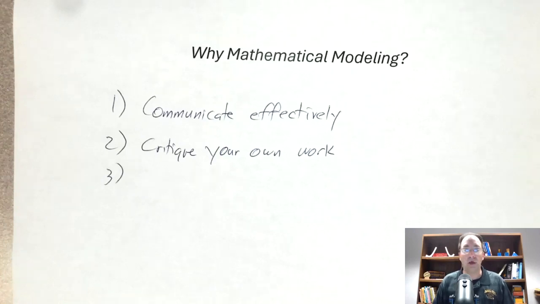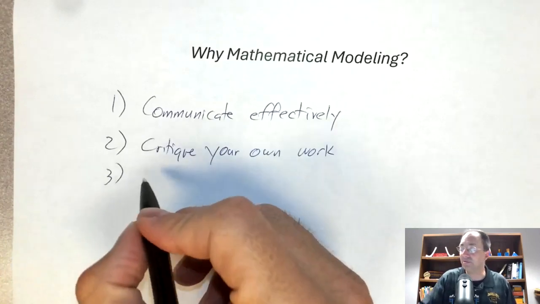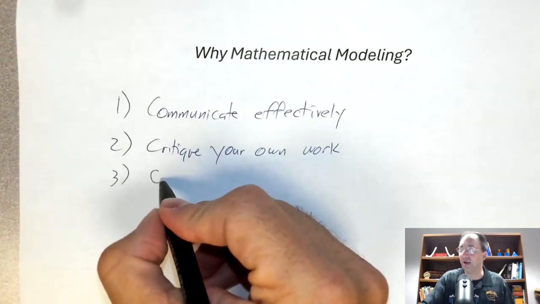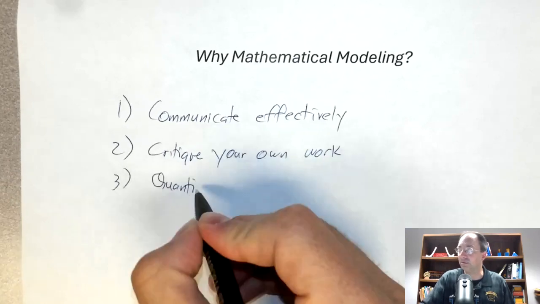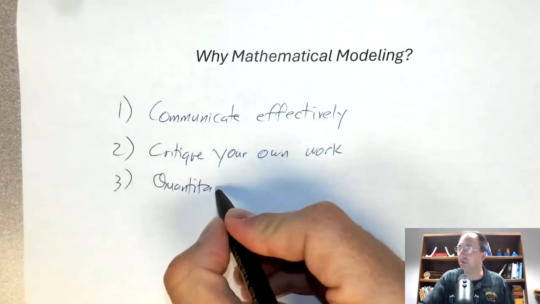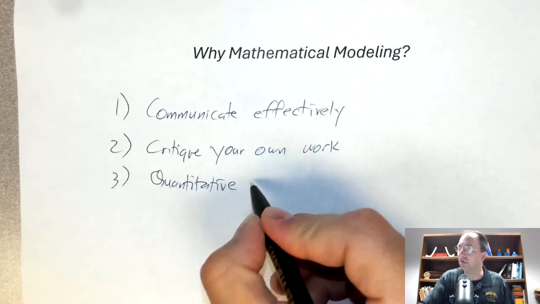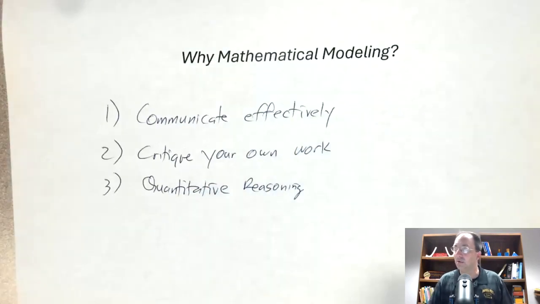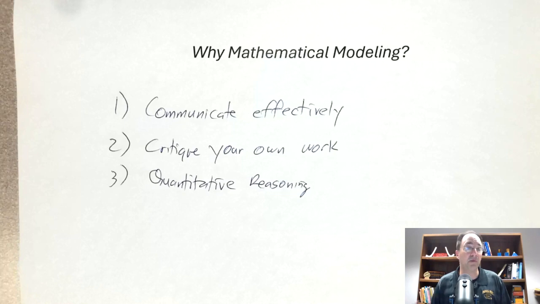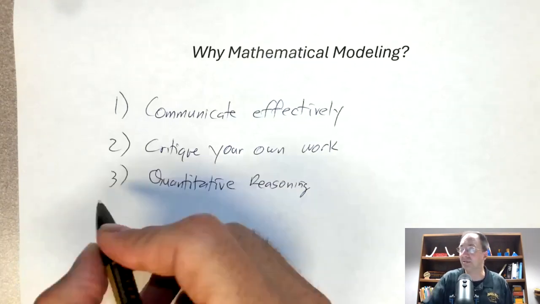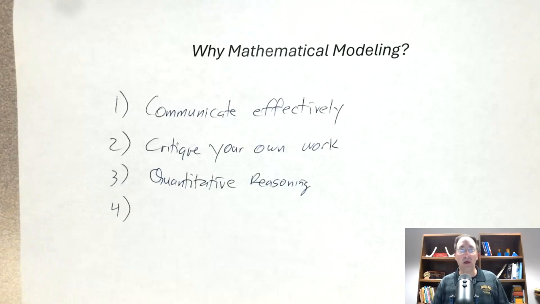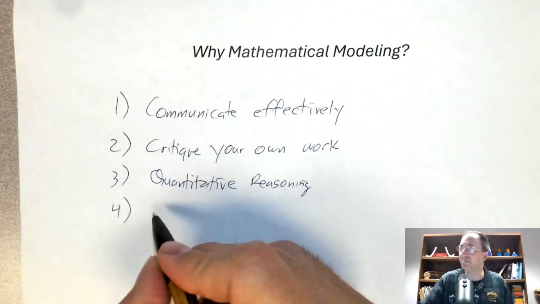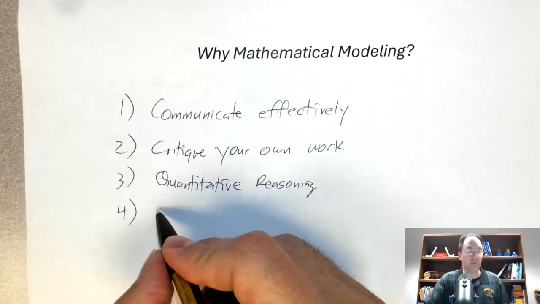The third thing is to have quantitative reasoning skills. If we're dealing with a mathematical problem, we want to have the tools to actually use the appropriate mathematics to solve it. And then perhaps most importantly is to be able to handle the unknown.